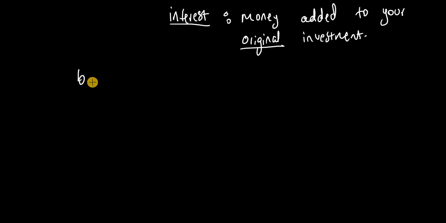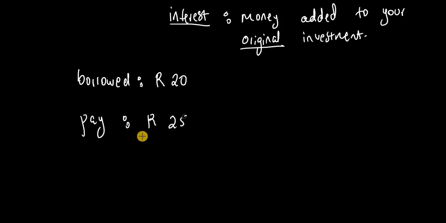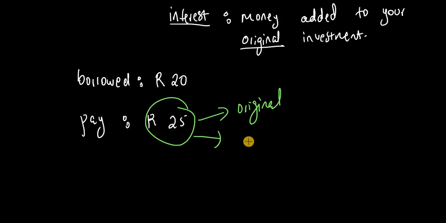So if I lent you 20 rands and you pay me 25 rands, that means the money you are paying me has the original amount plus some interest. Now, how much is the interest there?